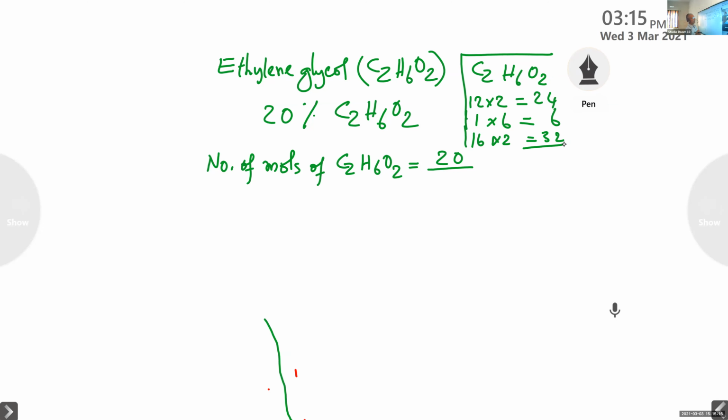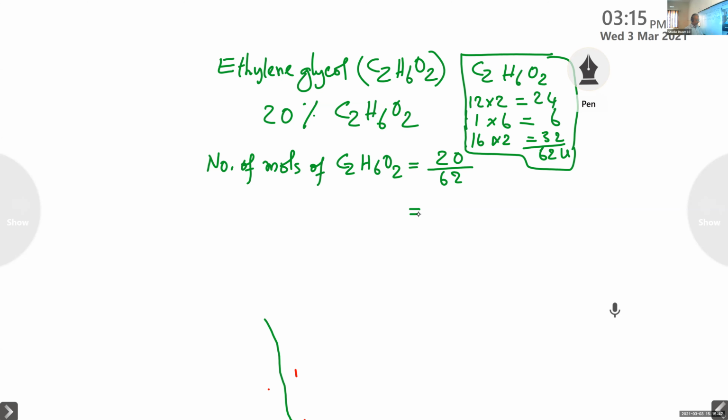The molecular mass is equal to 62 u. That is the molecular mass of ethylene glycol. So number of moles of C2H6O2 is equal to 20 by 62. You have to simplify and get the value.